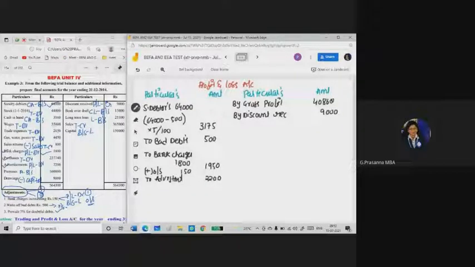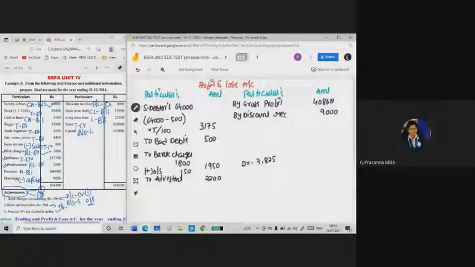Now you need to do the calculation part here. So the total of debit and credit: 3,175 plus 500 plus 1,950 plus 2,200. So the total of debit, I am writing here in rough notes, is 7,825 rupees.